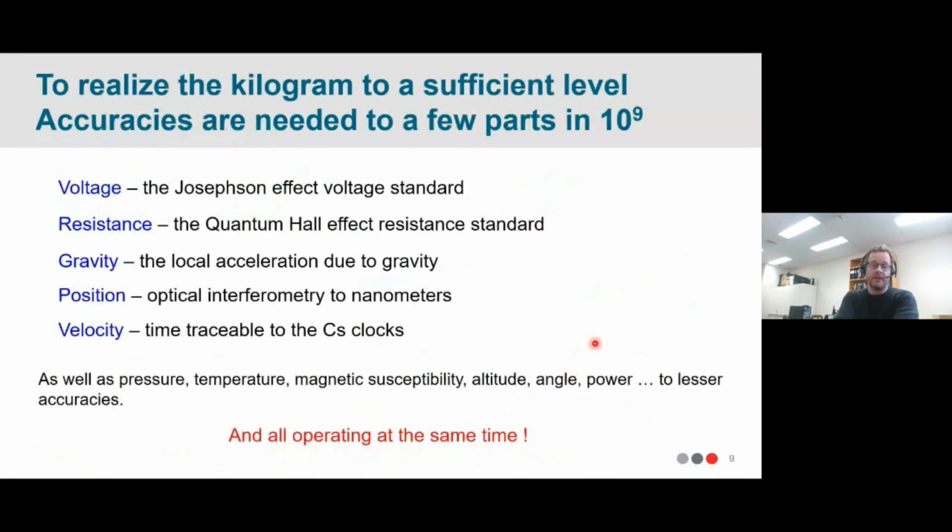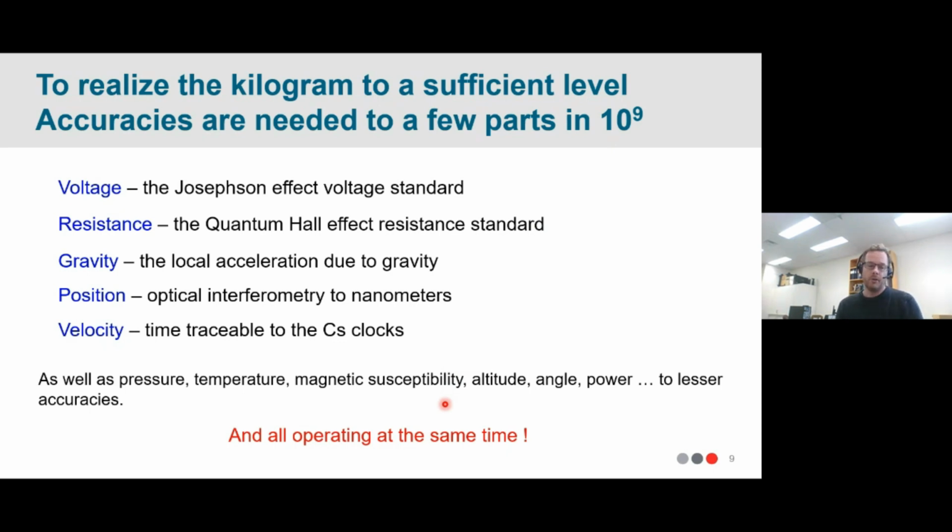So just to reiterate here, in order to realize a kilogram using a Kibble balance, we need to know these quantities very well. We need to know voltage, resistance, gravity, position, and velocity, and we need to know those to about parts in 10 to the 9, and that's in order to realize it at about this target 10 parts per billion level.